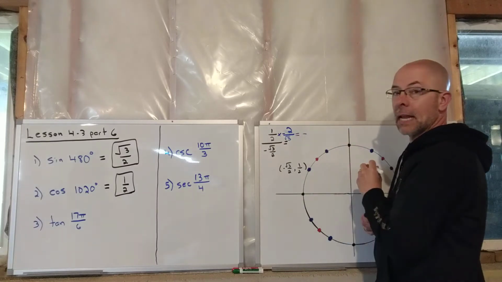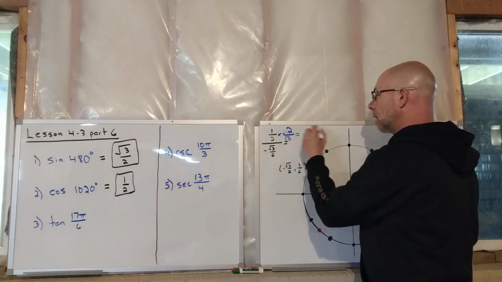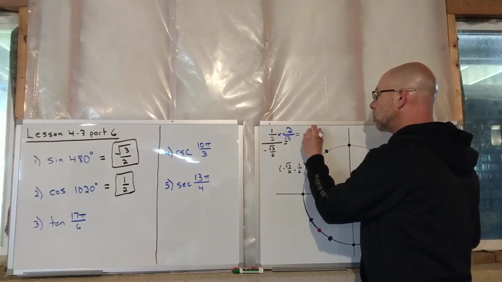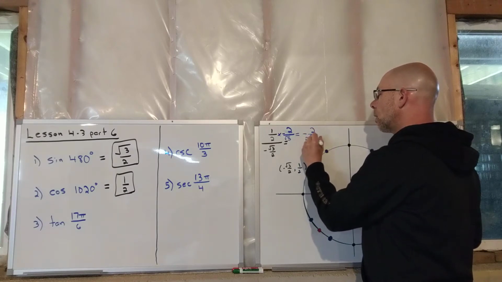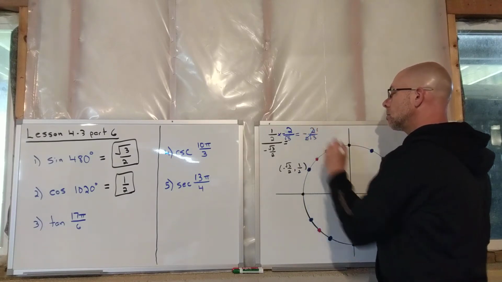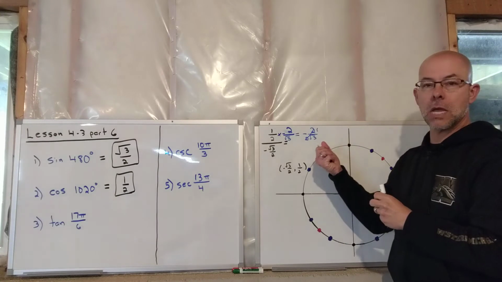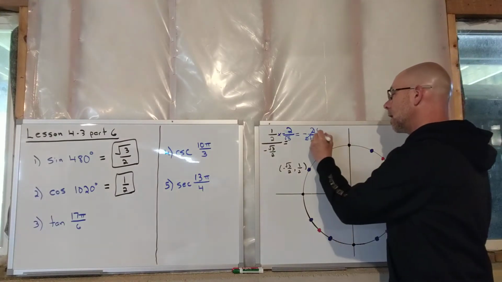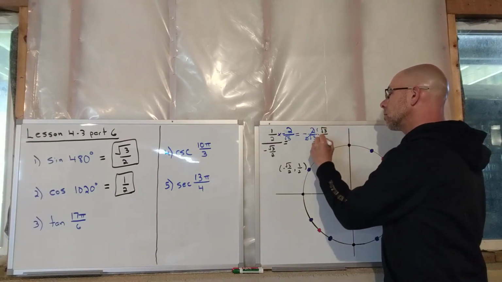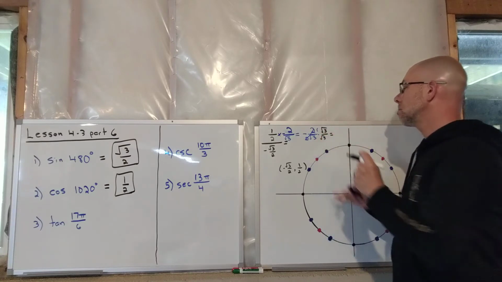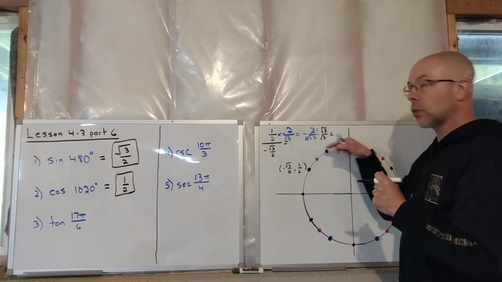This is automatically going to be negative, and when I multiply, first of all, I'm going to get negative 2 over 2 square root 3. The 2's reduce. I have 1 over the square root of 3, and I'm going to multiply by square root 3 over square root 3, which gives me negative 1 square root of 3 over 3.